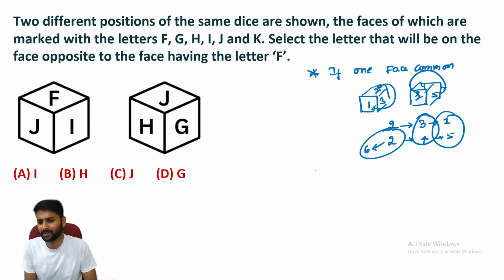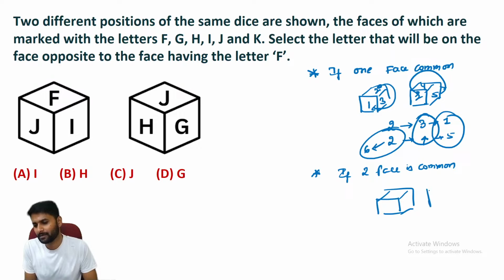That is the first case. Second one, if two faces are common. Again, these are the two dice given. You observe that if two faces are common, see 2, 3, 2, 3, both are common. If two faces are common, the remaining should be an exactly opposite pair.